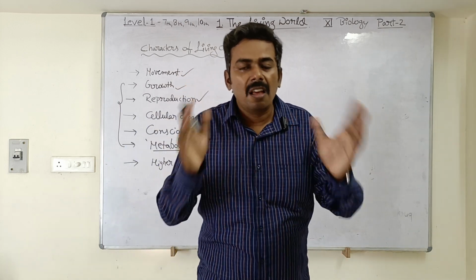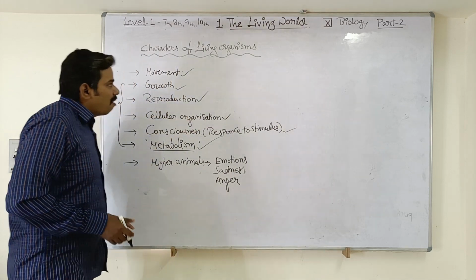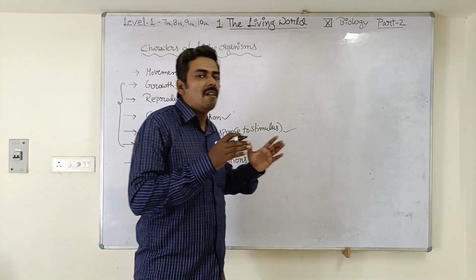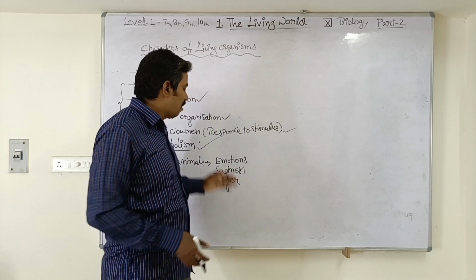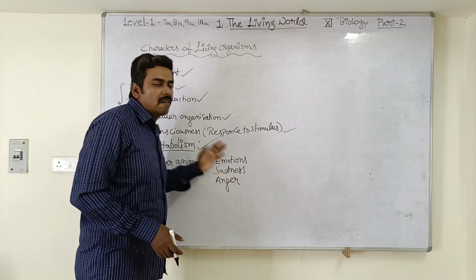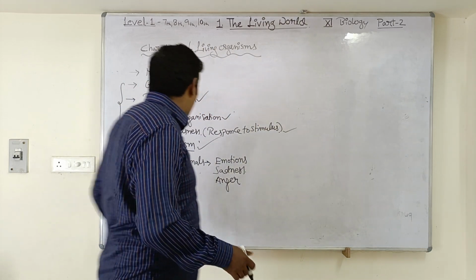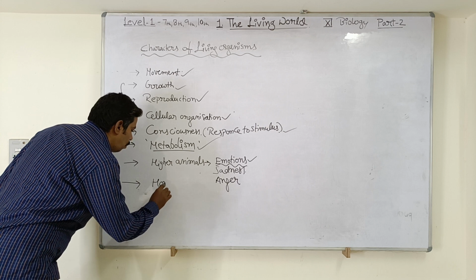Tiger and lion also show anger, isn't it? These types of emotions are not found in non-living things, even though they are exclusive to some higher animals. Understood, students? Next, homeostasis.